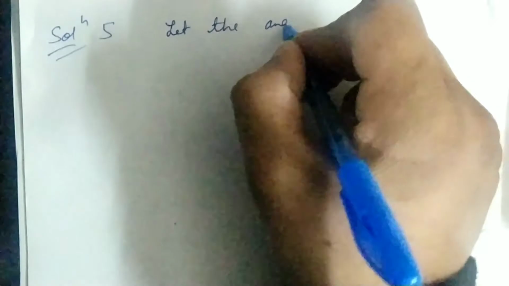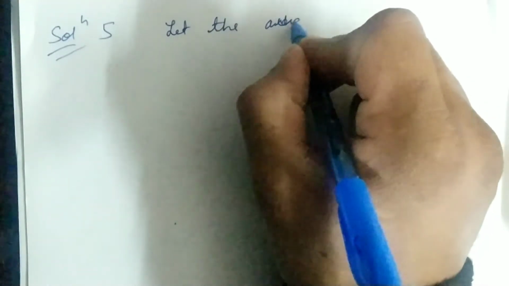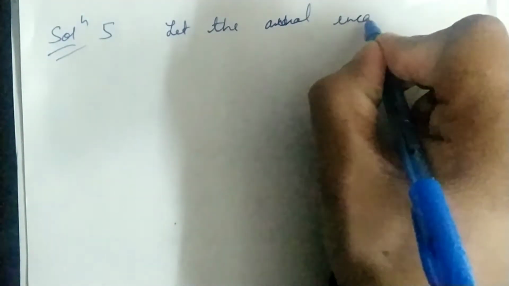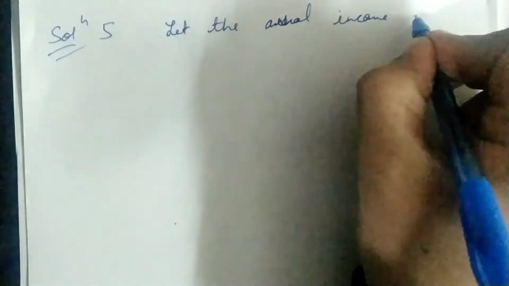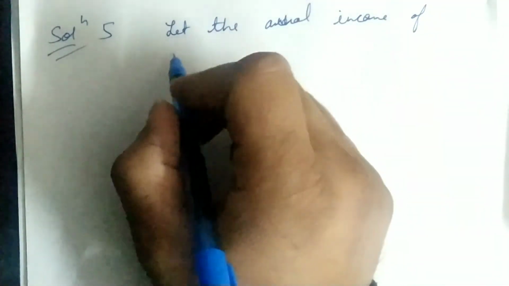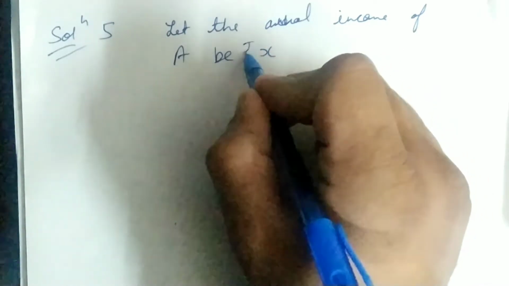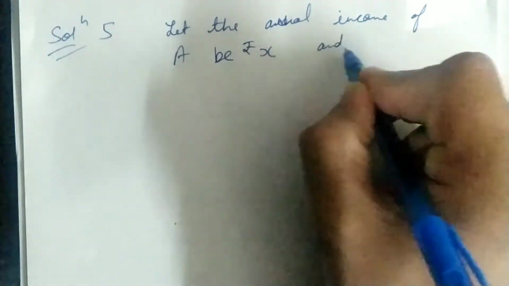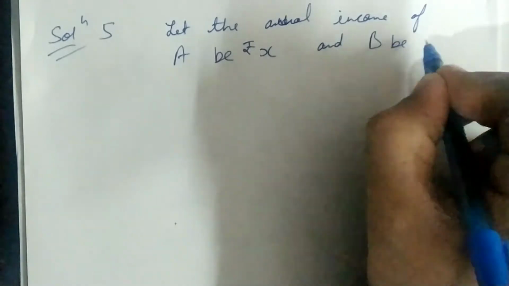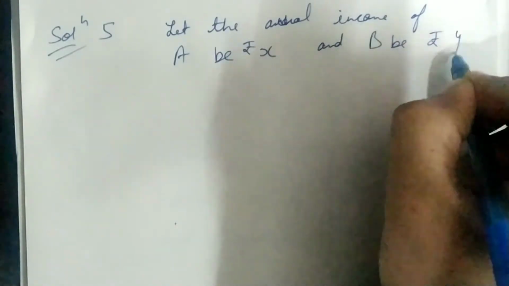Let the annual income of A be X rupees and B be Y rupees.